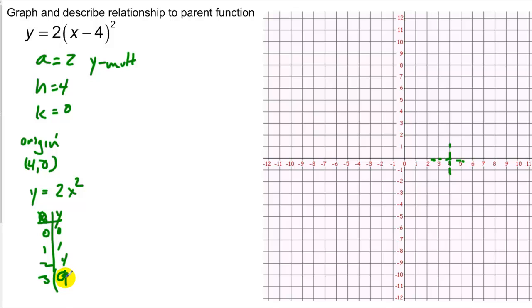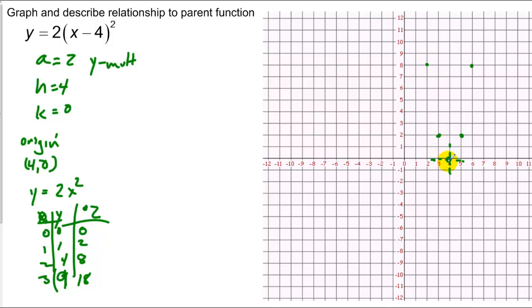But I have this y multiplier of 2, so I'm going to multiply all those values by 2 and get a 0, a 2, an 8, and an 18. 18 is going to be a little bit big, but we'll do the other ones. So here's 0, 0, over 1 up 2, and I do that on both sides since I have a line of symmetry. And then over 2 and up 8 from there puts me here.